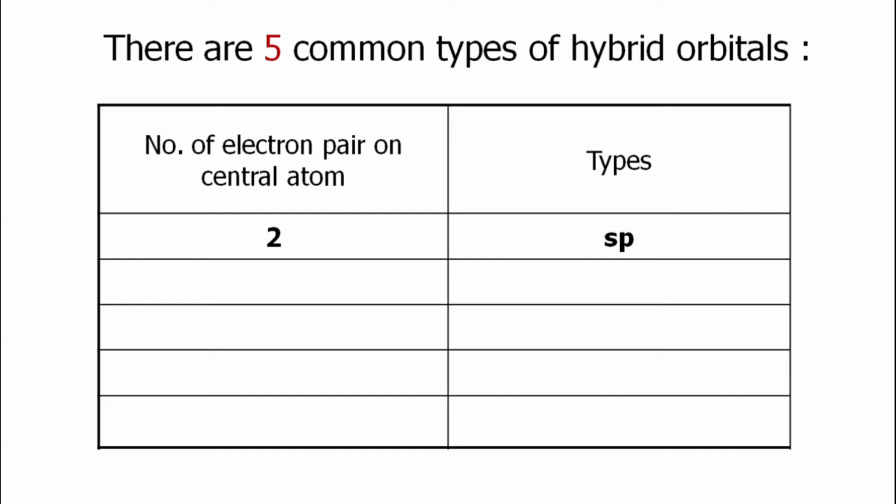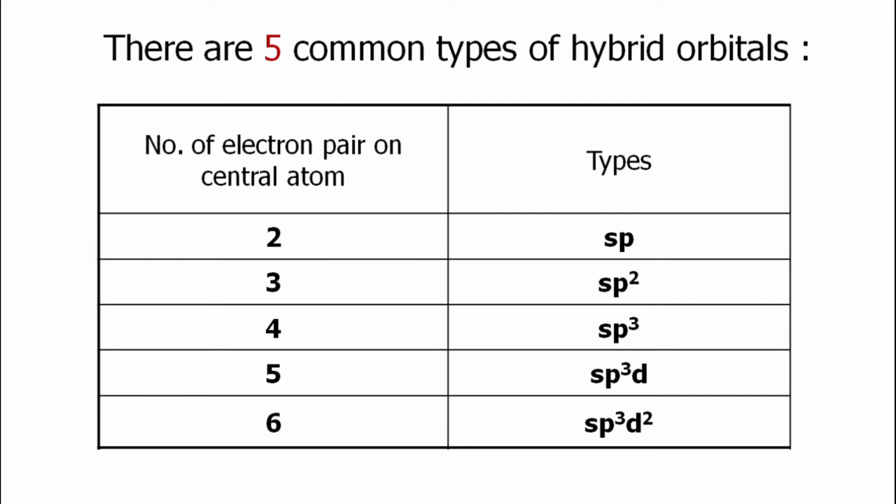If there are 3 electron pairs around the central atom, the type of hybridization would be sp2. 4 electron pairs, sp3. 5 electron pairs on the central atom, sp3d. And the last one, if there are 6 electron pairs around the central atom, then the type of hybridization would be sp3d2.